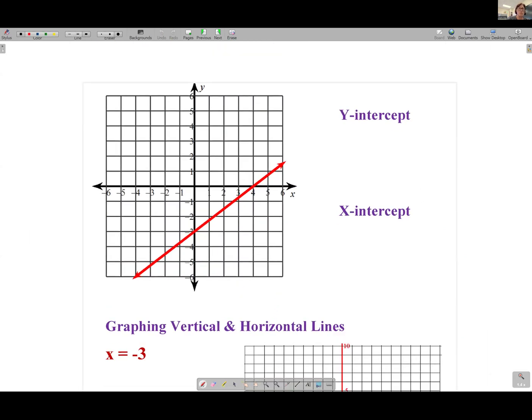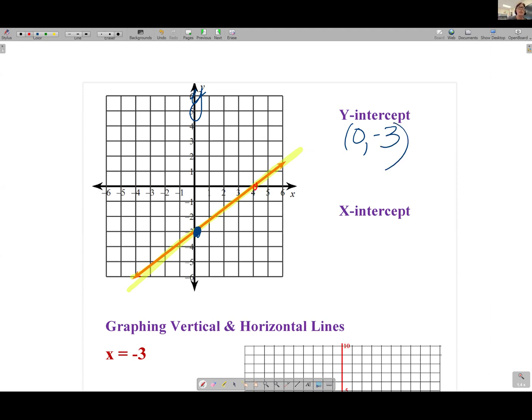Couple other terms. I want you to just physically trace this line from left to right. Just trace it. Darken where it intersects the y-axis. So we would say the y-intercept right there is going to be (0, -3).